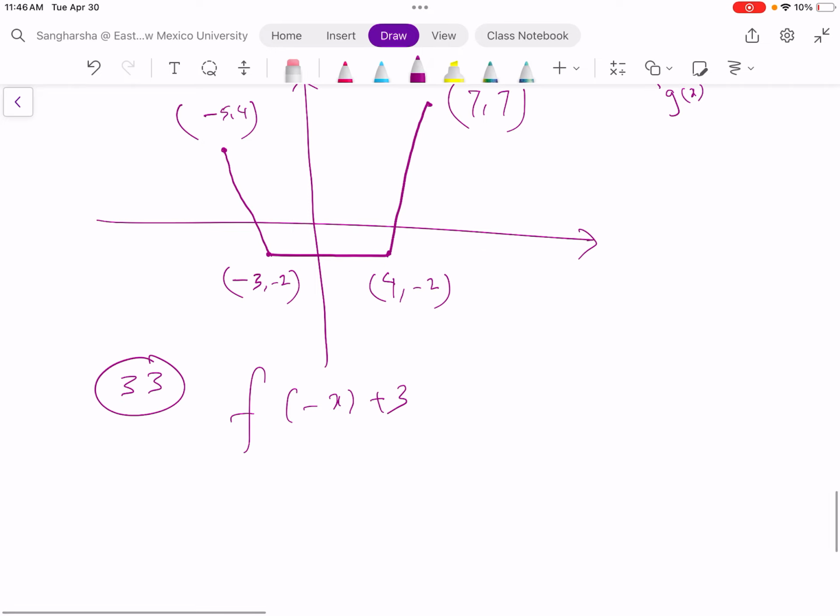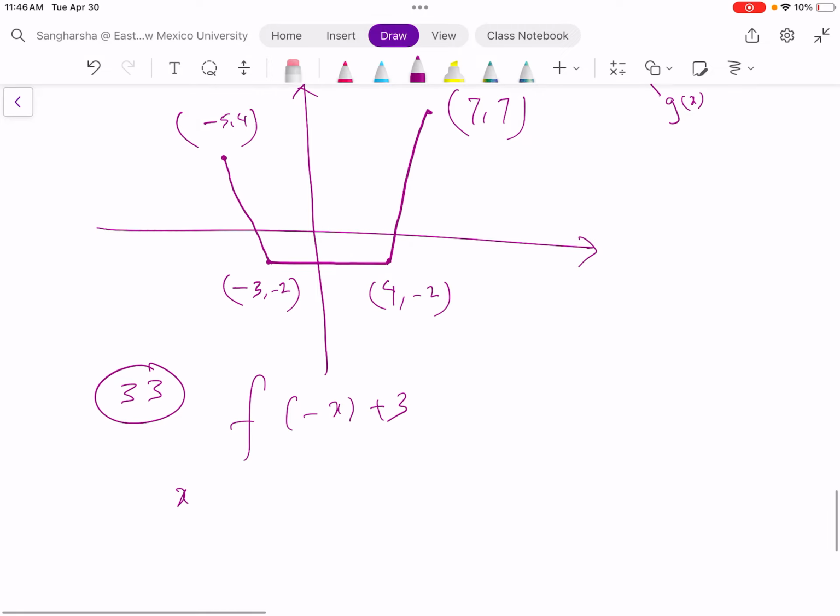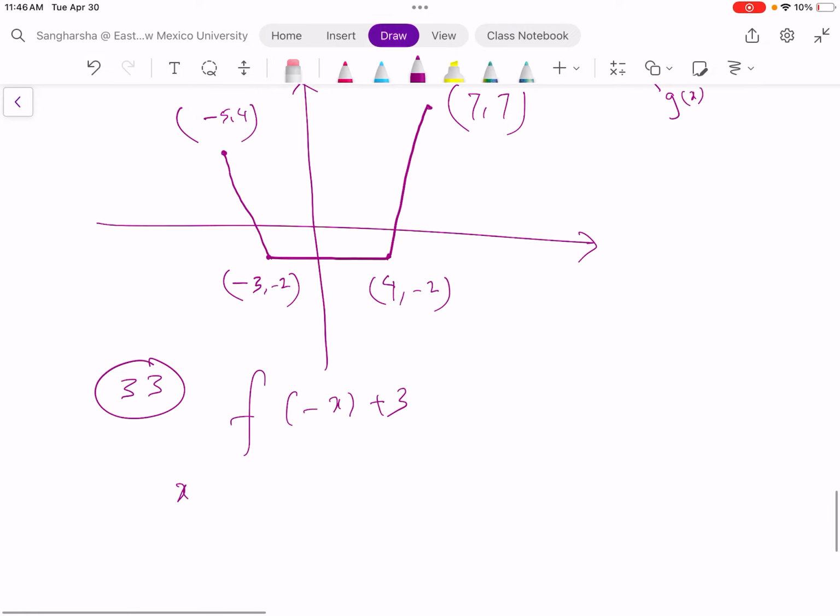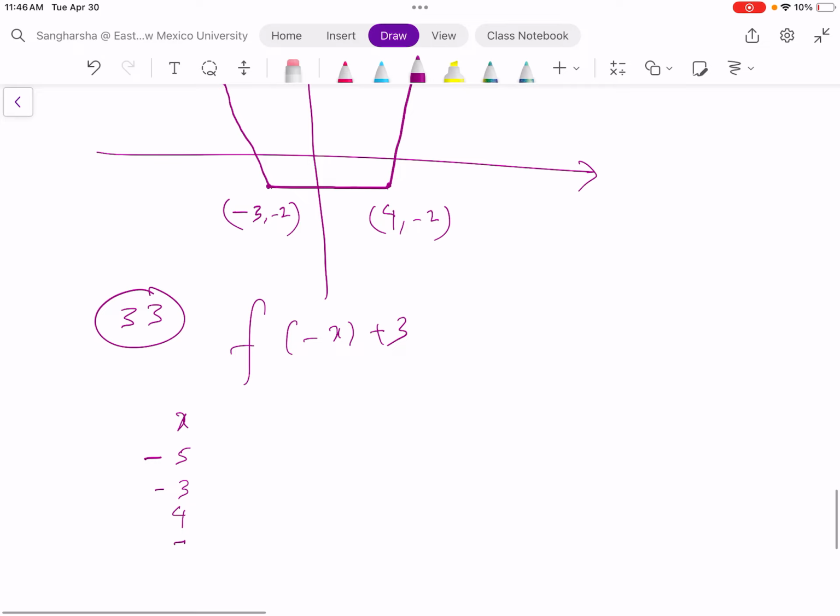So what you're going to do is make a table with x. Write down every x value, which is -5, -3, 4, and 7.